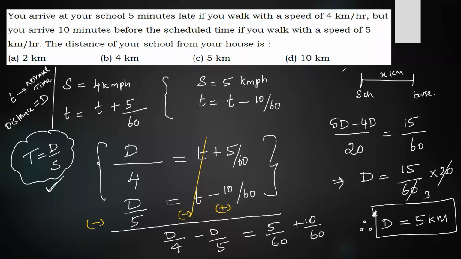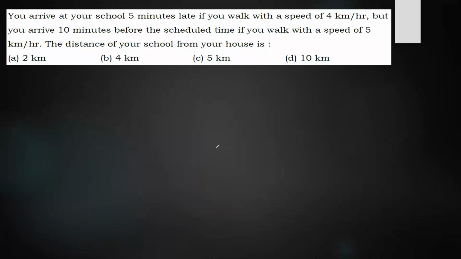Now it is the logical method. Logical is nothing but going from the options. From the options, we have 2, 4, 5, 10, right? And we have a speed of 5 km per hour, so I will choose option 5 first. We have 4 km per hour speed and 5 km per hour speed, right?